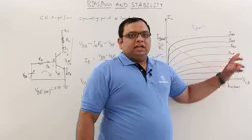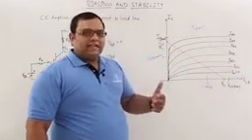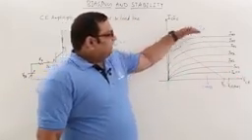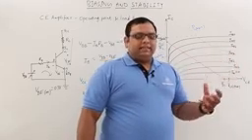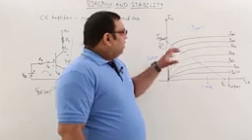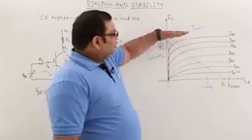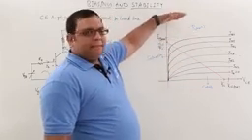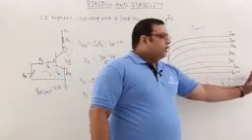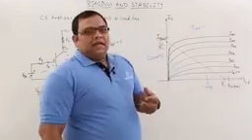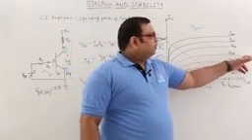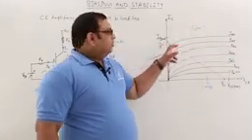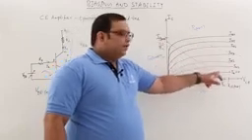These specifications are defined in the data sheet of the transistor. We should not operate the transistor beyond this maximum current or this maximum voltage. Power is the product of voltage and current, so this curve gives the maximum power dissipation. We should use the transistor within this region only.